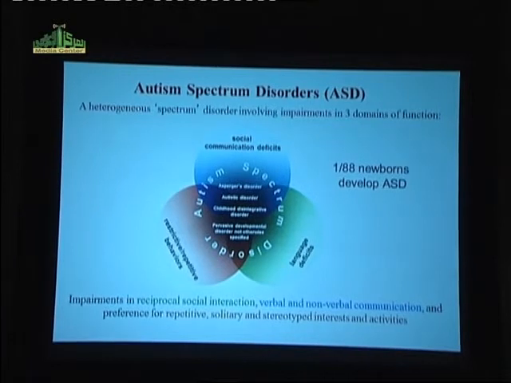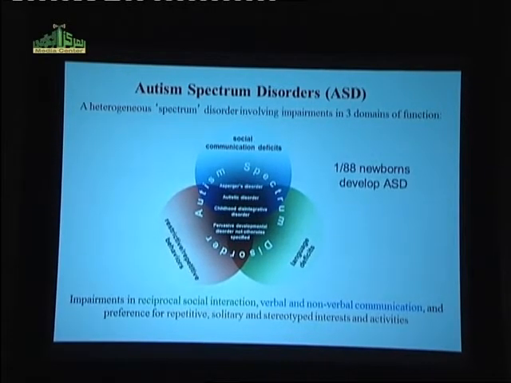So I'll tell you about our work on autism spectrum disorders, or ASD. This is a heterogeneous spectrum disorder involving impairments in 3 domains of function: social communication deficits, language deficits, and restrictive repetitive behaviors. And there are different scales that one can use to measure the degree of severity of these different attributes.